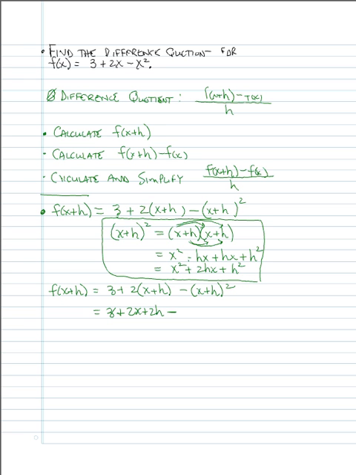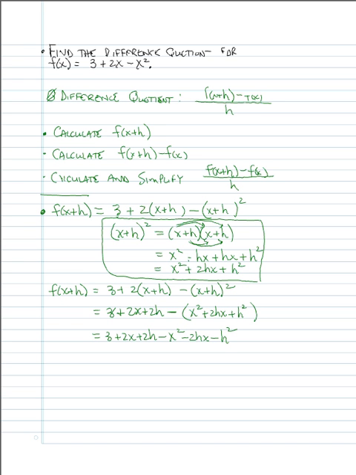And then we're going to subtract something, but what we're subtracting is the result of squaring x + h. So we need to put that result in parentheses, and when we did that squaring, we got x² + 2hx + h². So now we need to distribute that subtraction sign. We get minus x², minus 2hx, and minus h².